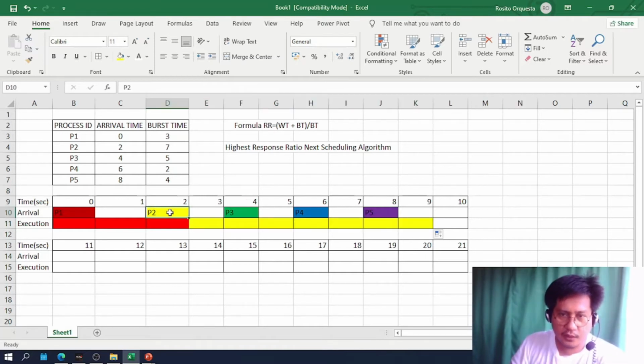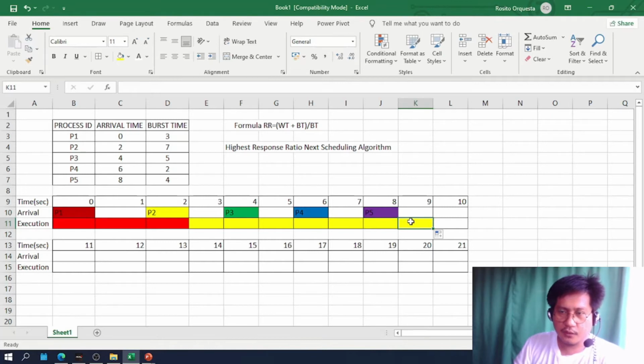Since P2 arrived at time 2 and no other process had arrived by then, we give the CPU to P2, and since P2 has a burst time of 7, we count 7 time slices.